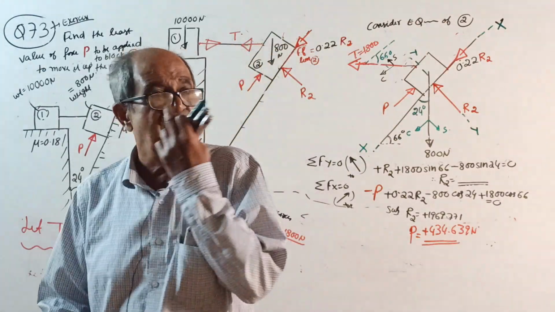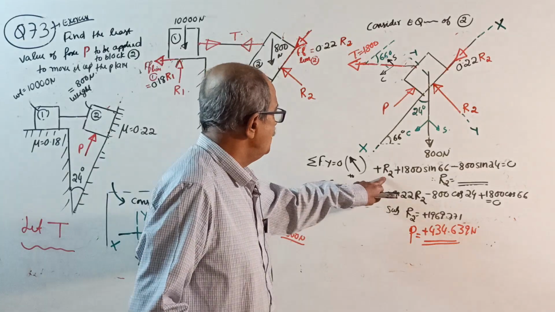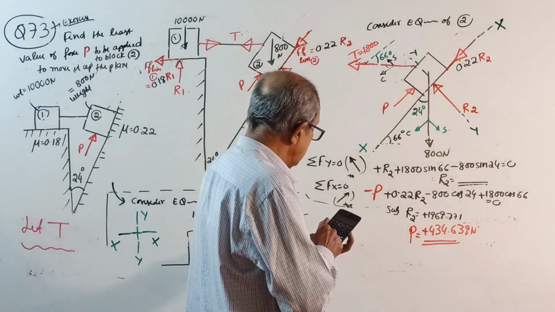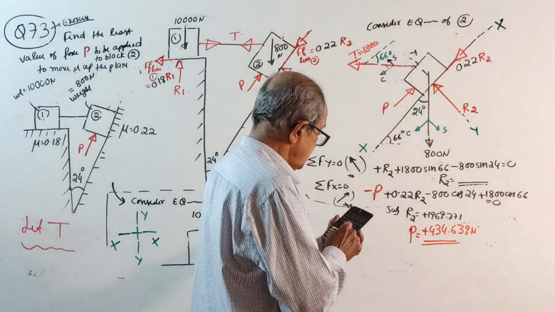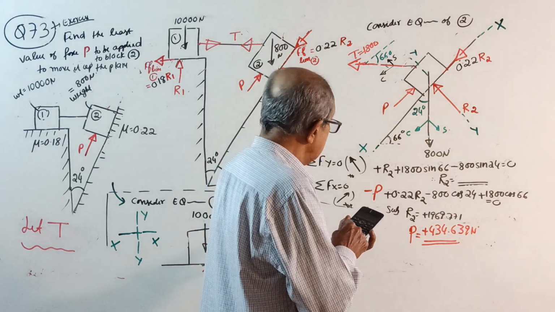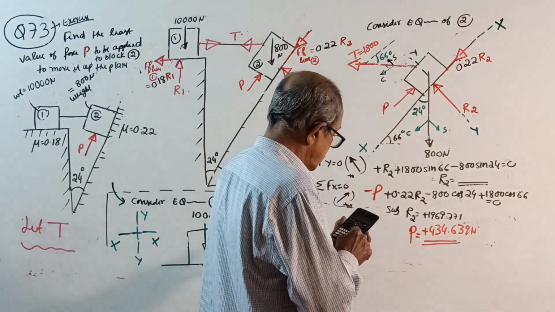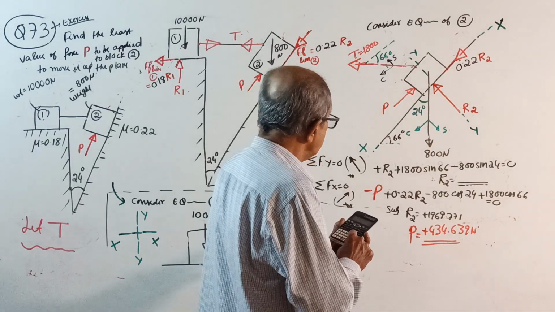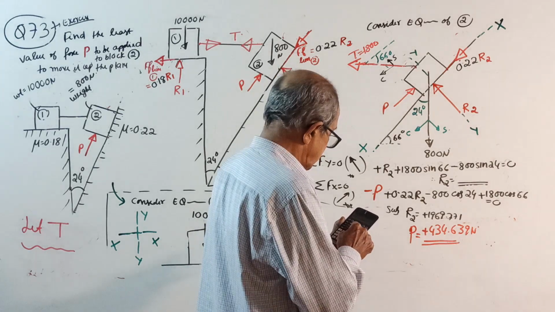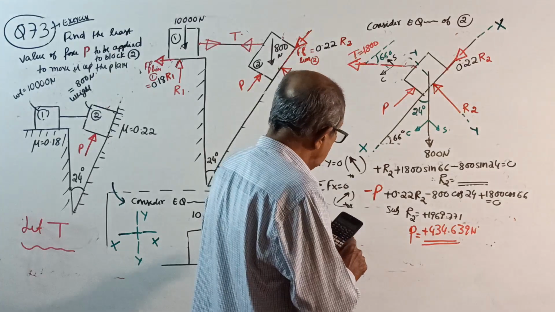Okay, continue. See, I told you R2 will come negative. Why? Because 1800 into sine 66 is positive, minus 800 into sine 24 is positive.